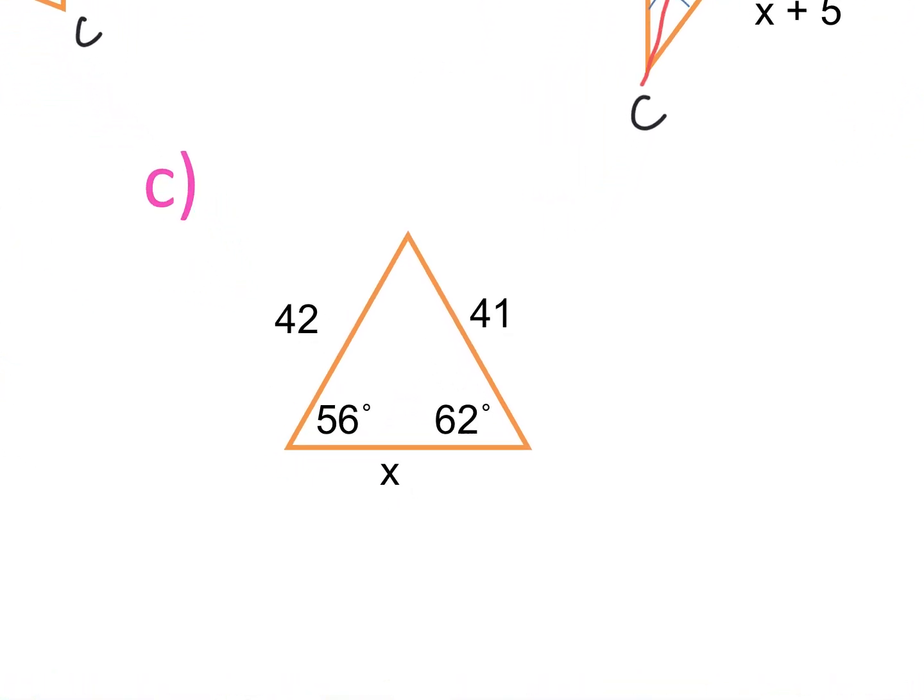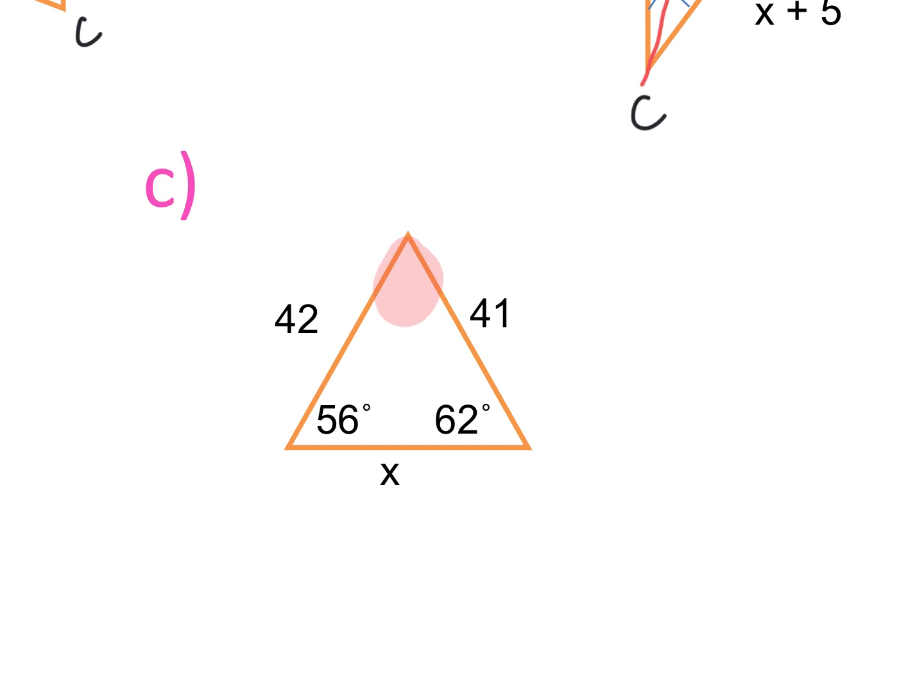All right, looking at C, I can tell if it's equilateral and it's not. I just have to figure out if it's an isosceles triangle and which sides and angles are equal. So first thing I'm going to figure out is this missing angle right here. How would I figure out my missing angle?